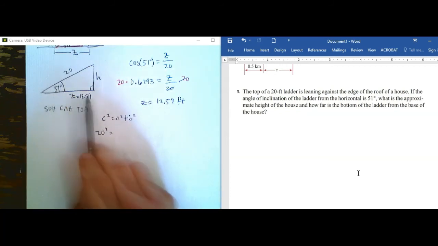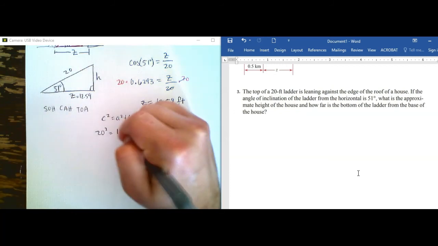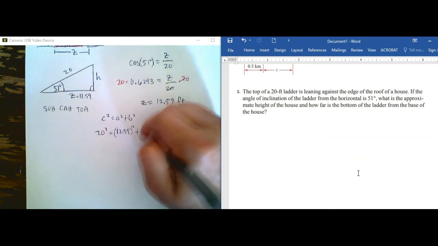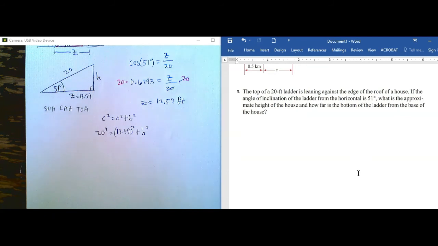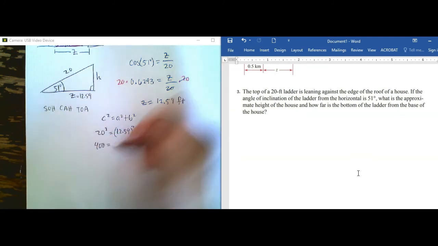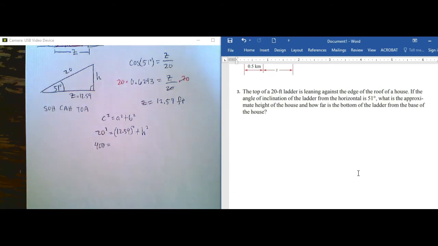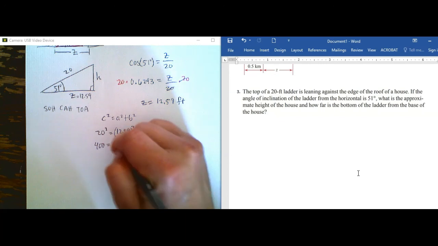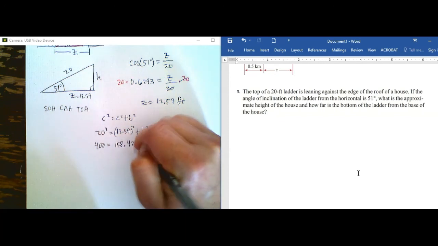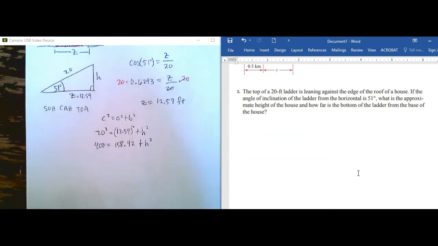Let's say our adjacent side is a, so 12.59 squared, plus h squared. H is our b. So 20 squared is 400, equals this value squared, which is 158.42 approximately, plus h squared.